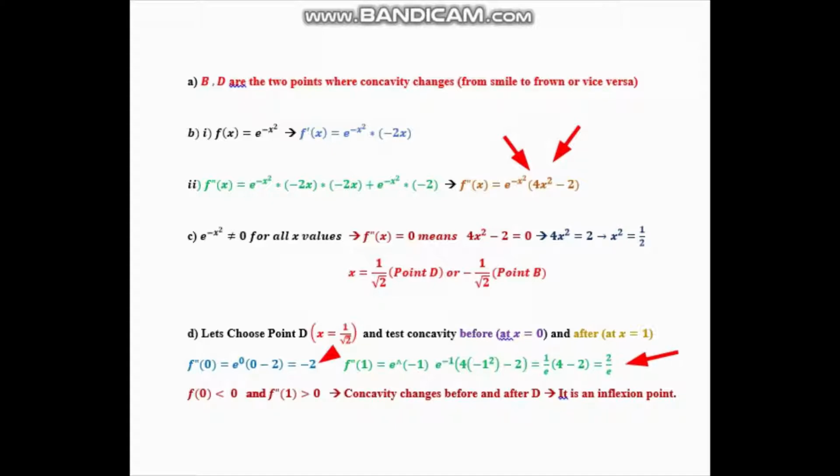So since it was negative when x is 0 and positive when x was 1, then I know that f double dash changed sign, and hence at x equals 1 over root 2, I do have a point of inflection. So by proving that f double dash changed sign, I have proven that this indeed is a point of inflection.